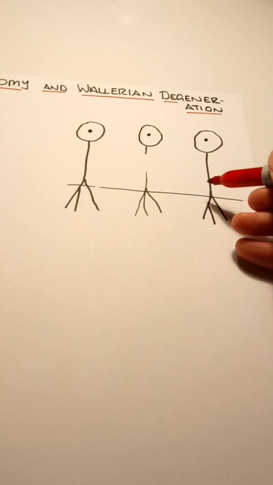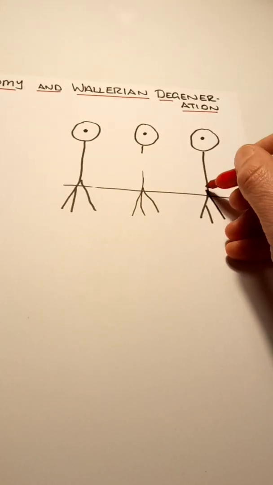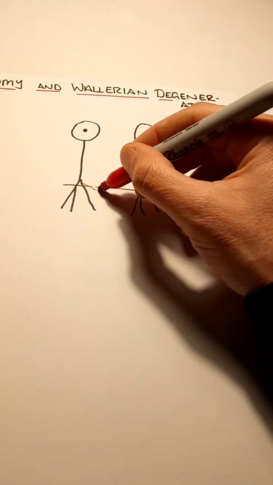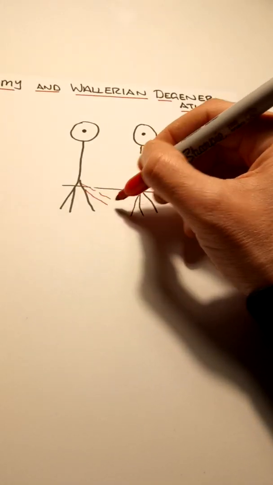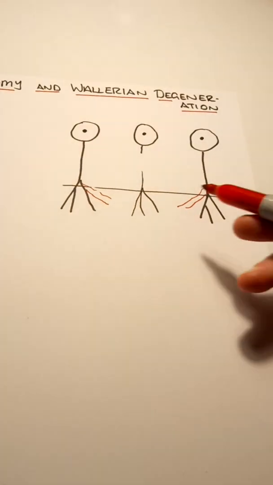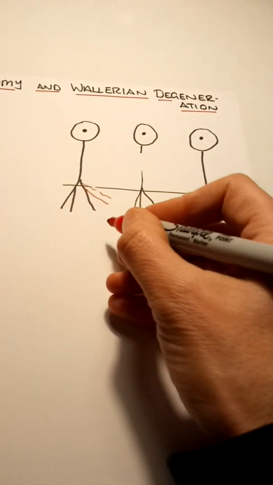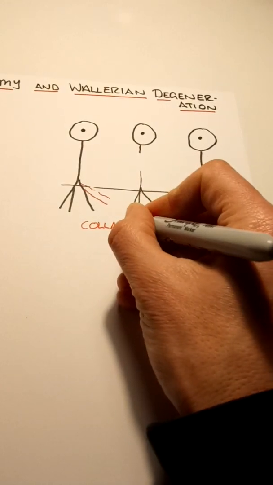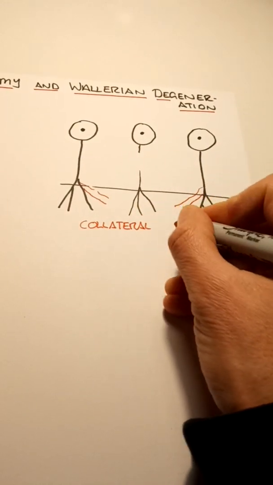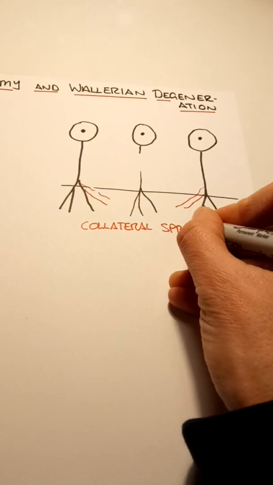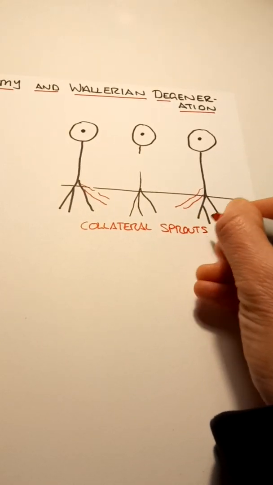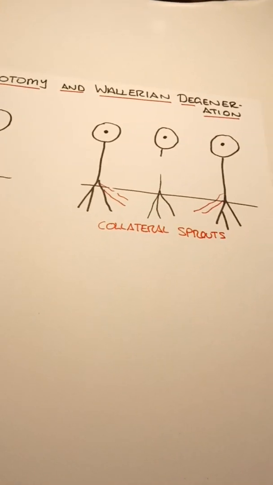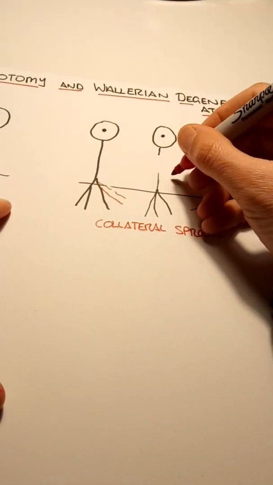It's going to die. So these grow collateral sprouts, right? And they're trying to help. They're trying to help this part stay alive. So you've got collateral sprouts, and they are trying to help this bit.